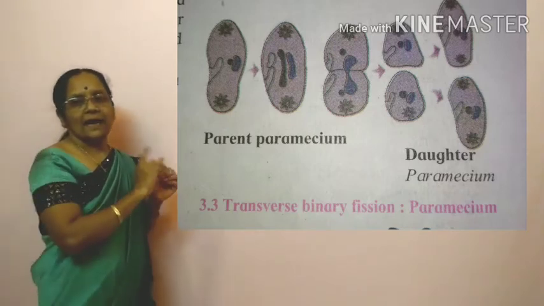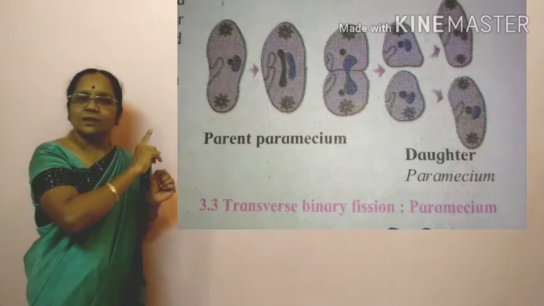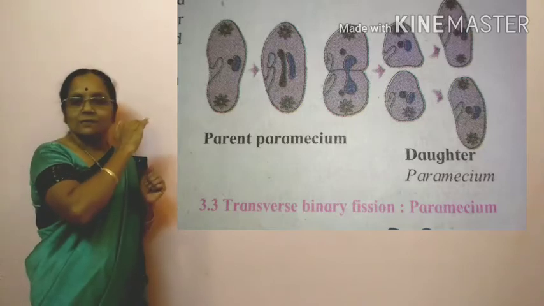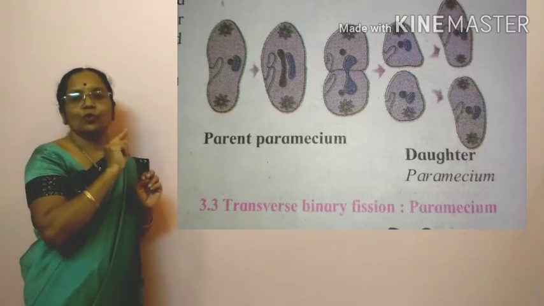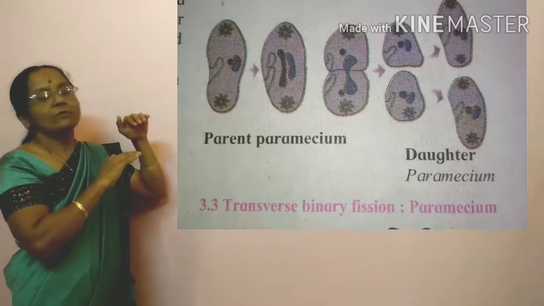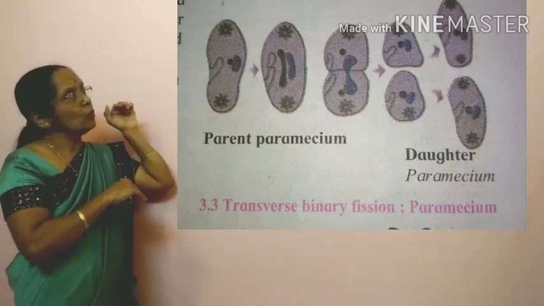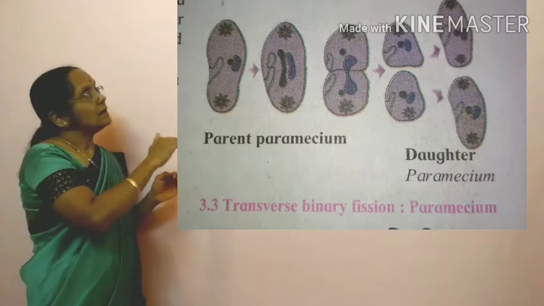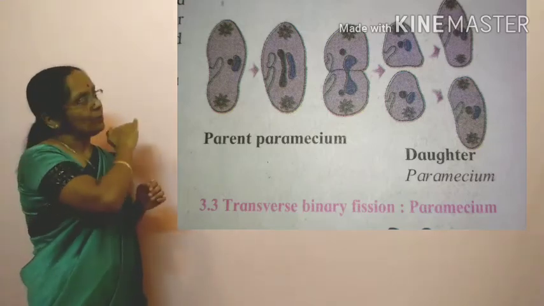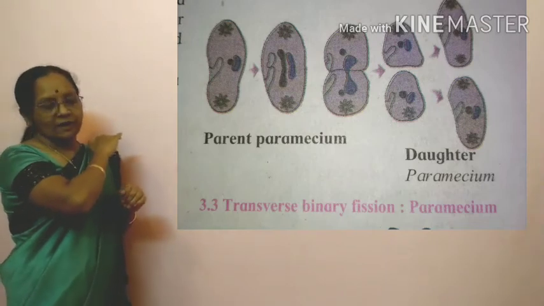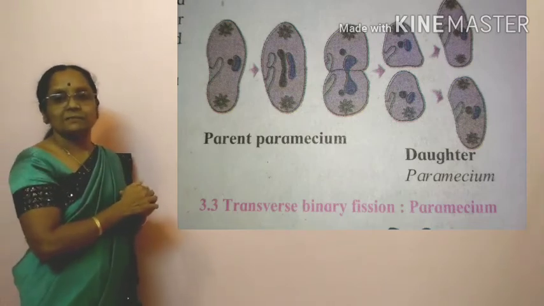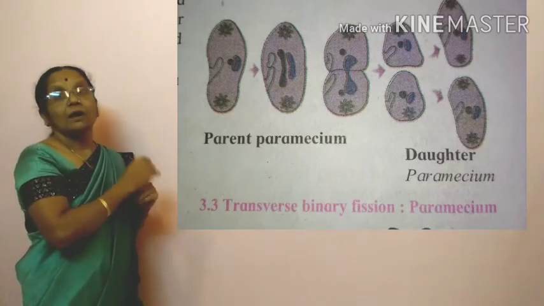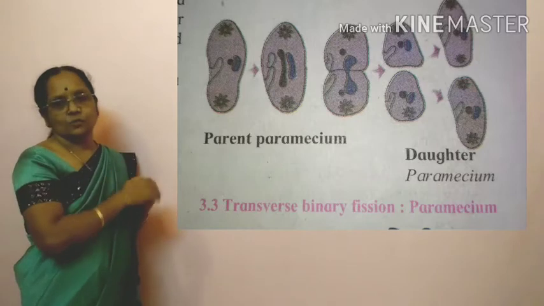So the nucleus divides into two parts, but the two nuclei go in opposite directions. One is on the upper side and another is on the lower side. Then the cytoplasm divides transversely, because the axis of division is transverse.